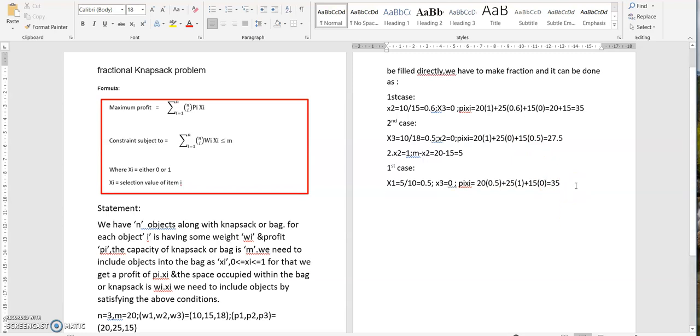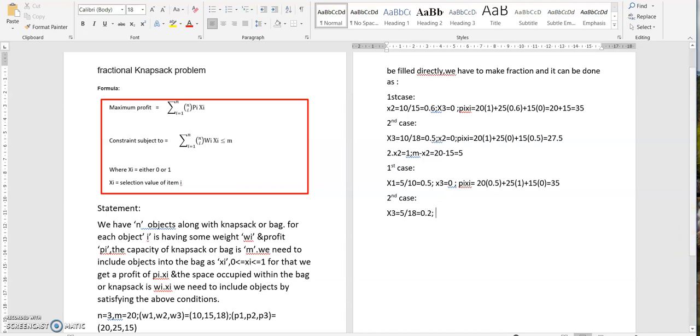Now in the second case, take x3 as a fraction, that means x3 equal to free space 5 divided by x3's weight, which is 18. The value is equal to 0.2.